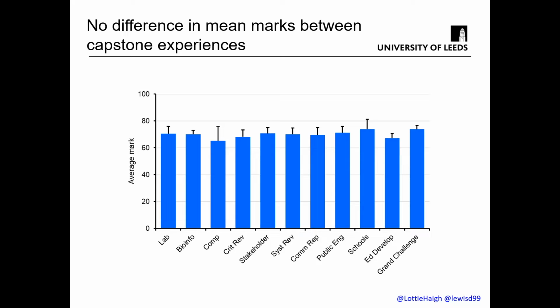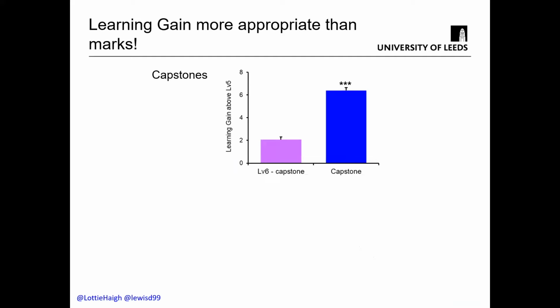But really, we've got to think beyond marks. We've got to think about learning gain. By learning gain, we mean how much a capstone increases the mean mark beyond level 1 and level 2. If we look first at all the other level 6 modules, excluding the capstone, there is learning gain beyond level 5, which is great because we want students to progress from level 5 to level 6.